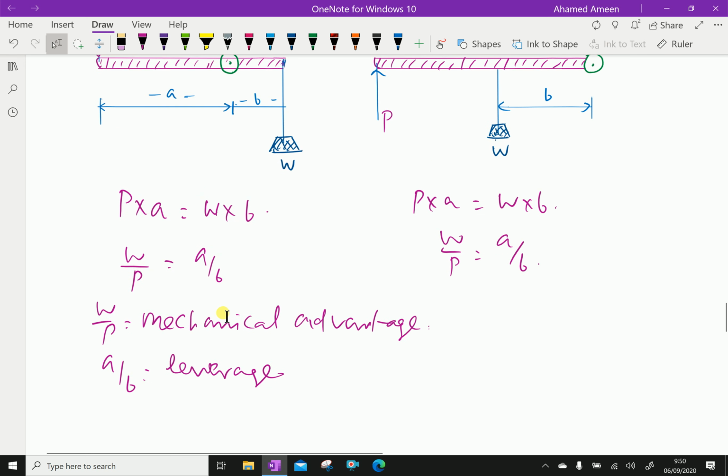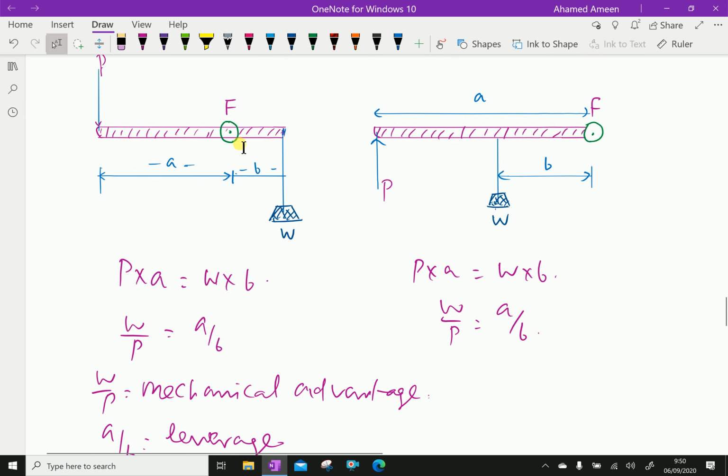A is the distance from the fulcrum to the effort, and B is the distance from the fulcrum to the load.